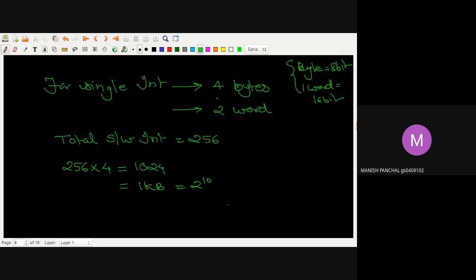if I want to get the physical address, if I write down this 2 to the power 10 from A0 to A9, the combination will be first 0 for all the combinations 1, 2, 3, 4, 5, 6, 7, 8, 9, and 10, and it is 1 for all the other combinations, for the highest combination.